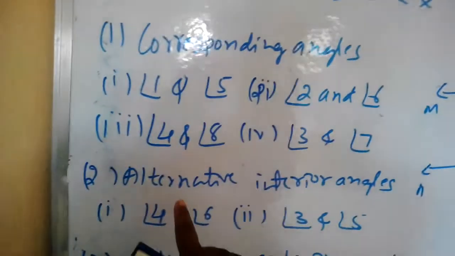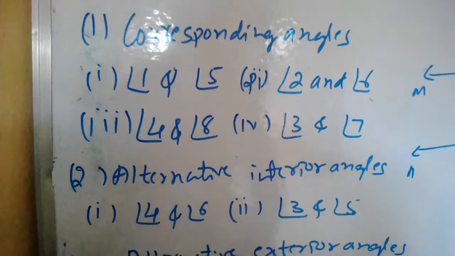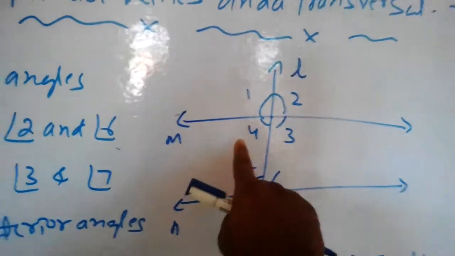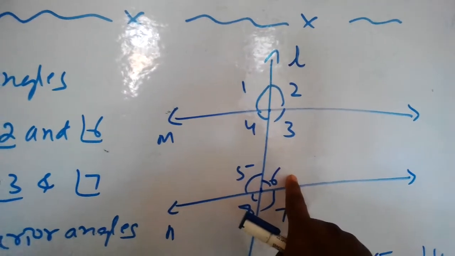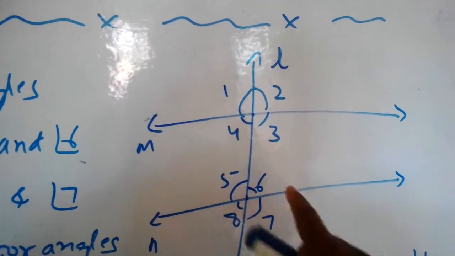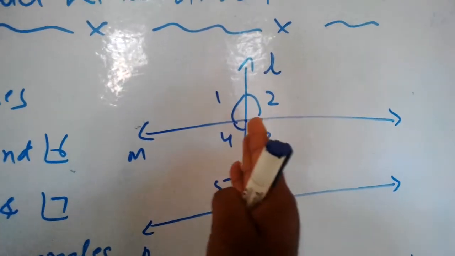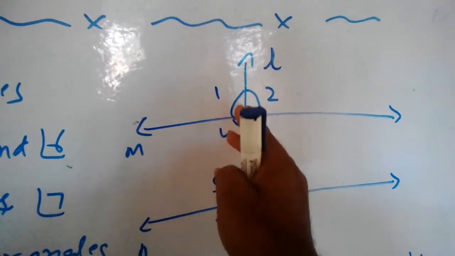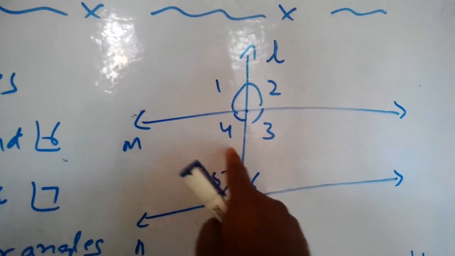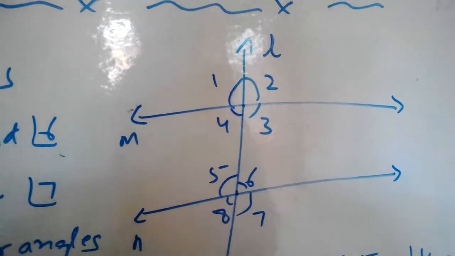Next term is alternate interior angles. Angle 4 and angle 6 are alternate. One side of the transversal line is angle 4, another side is angle 6, so 4 and 6 are called alternate interior angles.